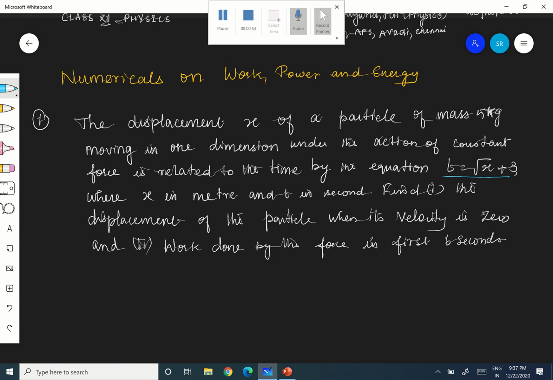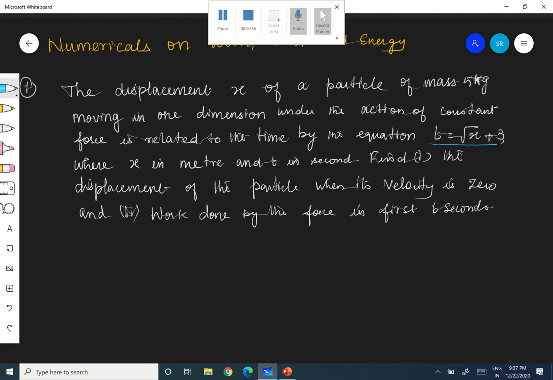Now how to solve it? What is given first is t. The equation is given: how x is related to time. Therefore t = √x + 3, so √x = t - 3.